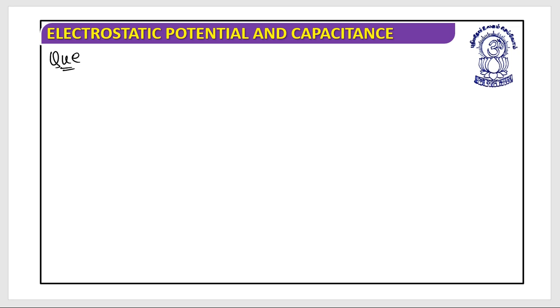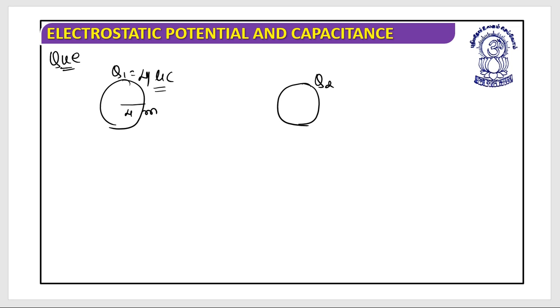Suppose the sphere is there, having a radius of 4 meter, and this charge is 4 microcoulomb. This is another sphere having a charge of 2 microcoulomb and its radius is 6 meter.